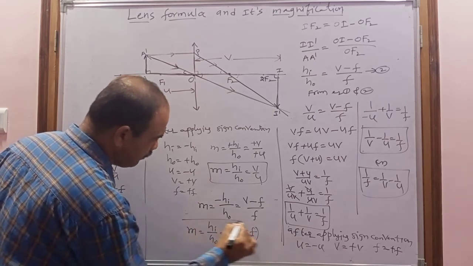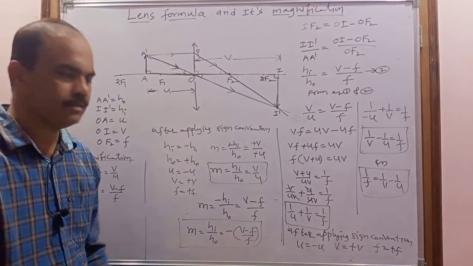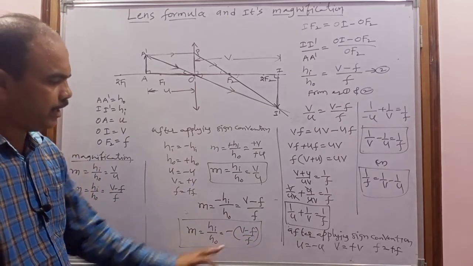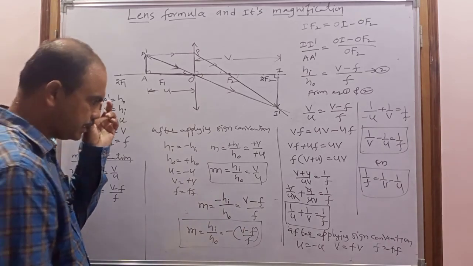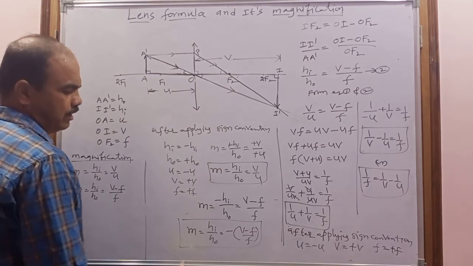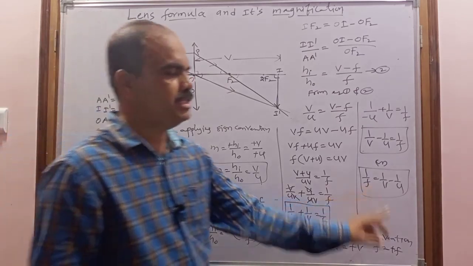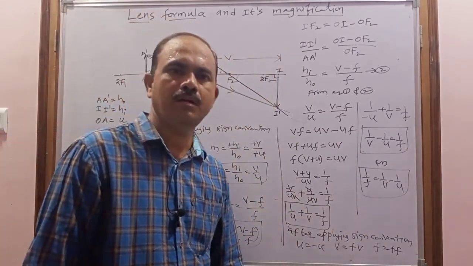So this is another formula for magnification, in terms of the focal length and image distance, and you can also convert it into object distance. So now these are the two formulas, magnification and the lens formula. Both can be applicable for convex lens as well as concave lens.